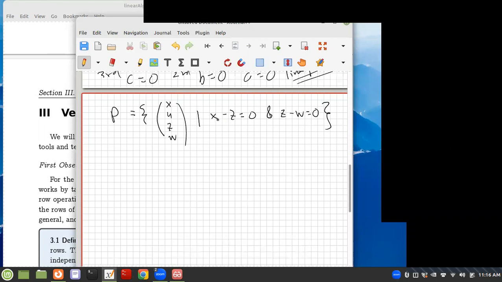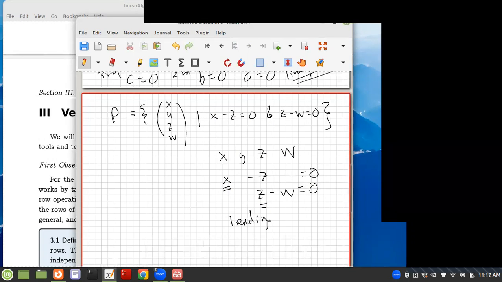If I wrote this as a linear system, you'd have X, Y, Z, and W as the columns. So your equations would be X minus Z equals 0, and the second equation would be Z minus W equals 0. So you can see that the leading variables are X and Z, and solving these equations, X equals Z and Z equals W.